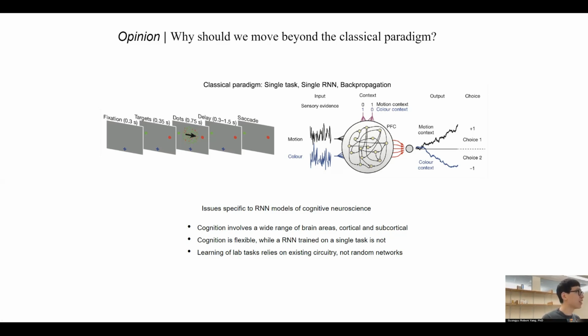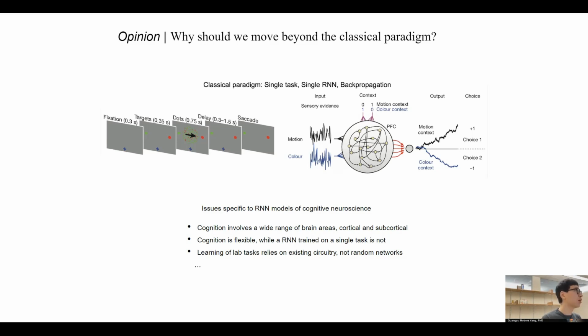Your brain has existing circuitry. You can already do many things, and you're building on top of that. But when you train a network from scratch, you're essentially ignoring all the evolutionary and developmental history, and that can lead to a lot of problems as well.